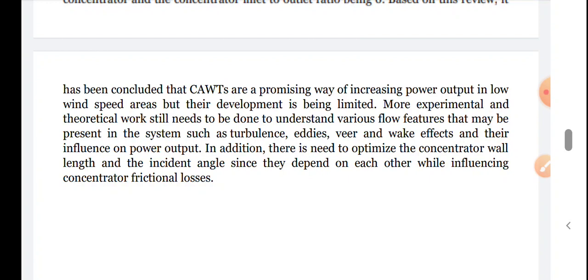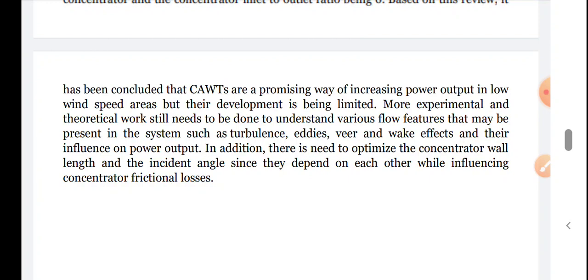The wake effect is the aggregated influence on the energy production of the wind farm, which results from the changes in the wind speed caused by the impact of the turbines on each other. So this is actually the wake effect. So all these things influence the power output.